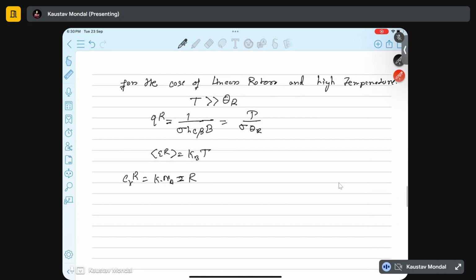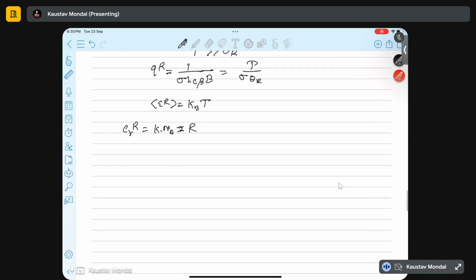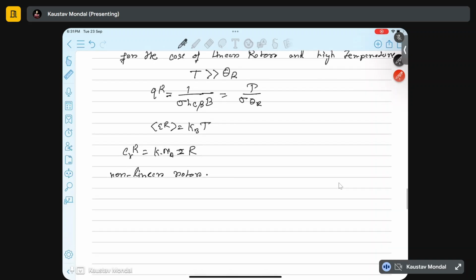But this is the case we have written for a linear rotor. Let's suppose that instead of linear, there is a non-linear rotor. So for a non-linear rotor, similarly in the high temperature case, we know that the ER would be 3 by 2 kT, right?